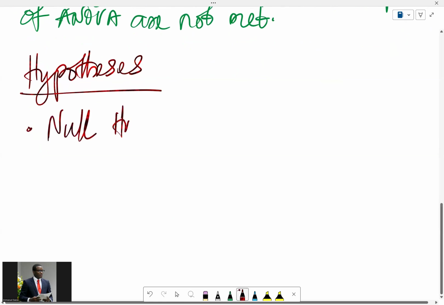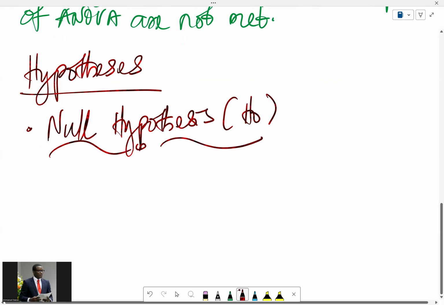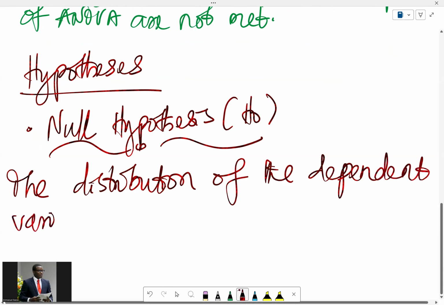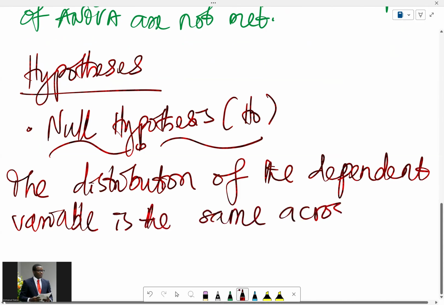The null hypothesis, H naught, says that the distribution of the dependent variable is the same across all groups.